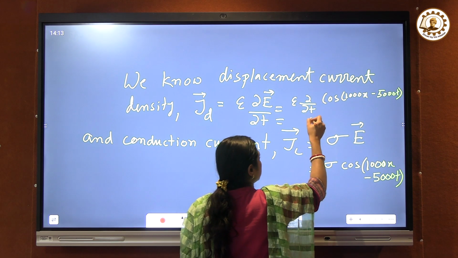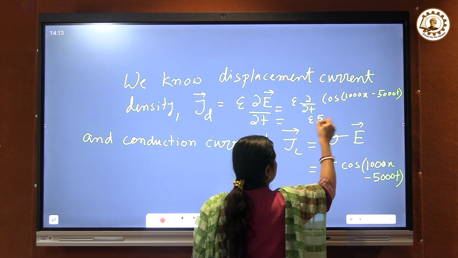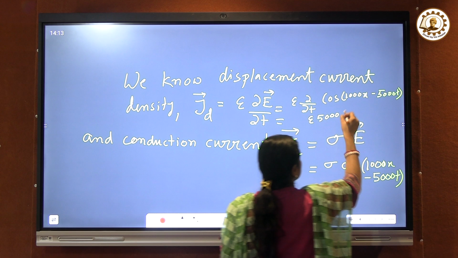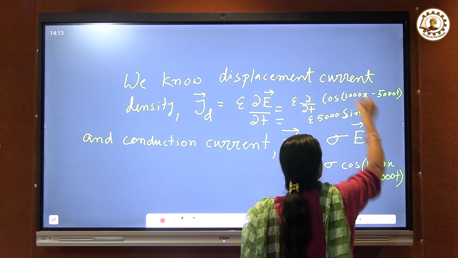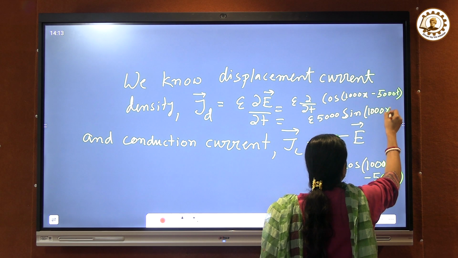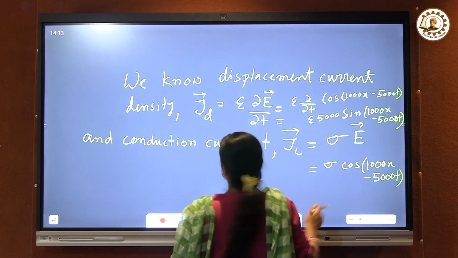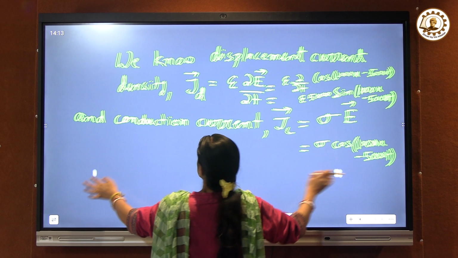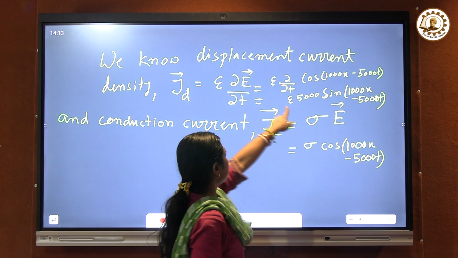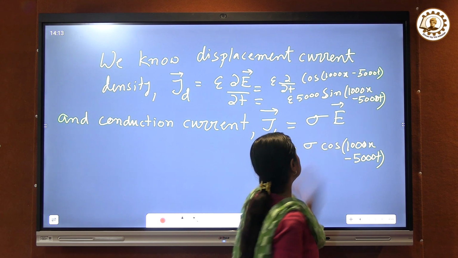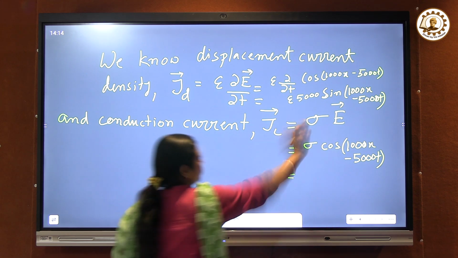So epsilon will remain as it is, and 5000 will come here: epsilon times 5000 sin of 1000x minus 5000t. And here sigma stays as it is, I do not need to do anything, no derivative.